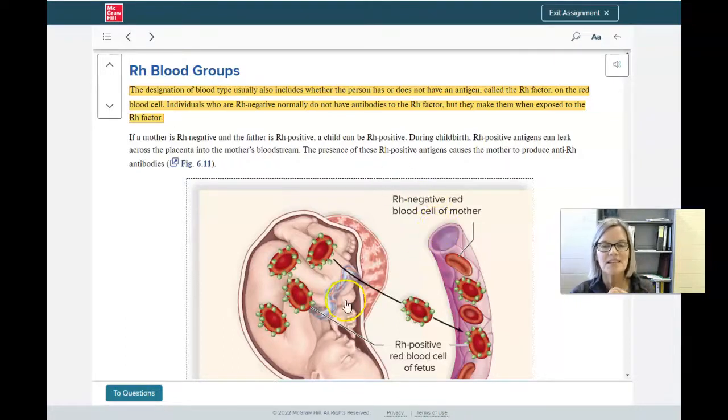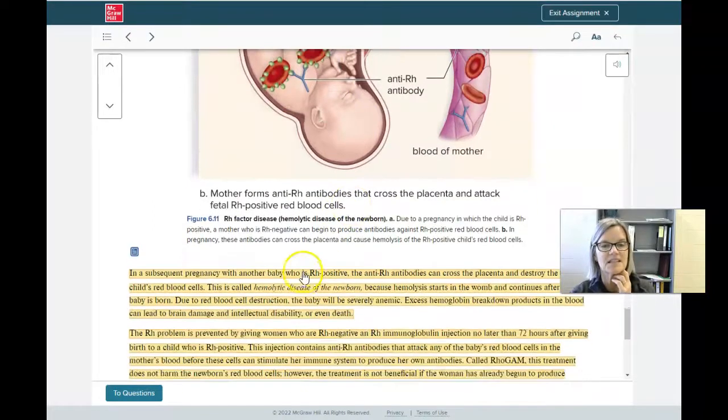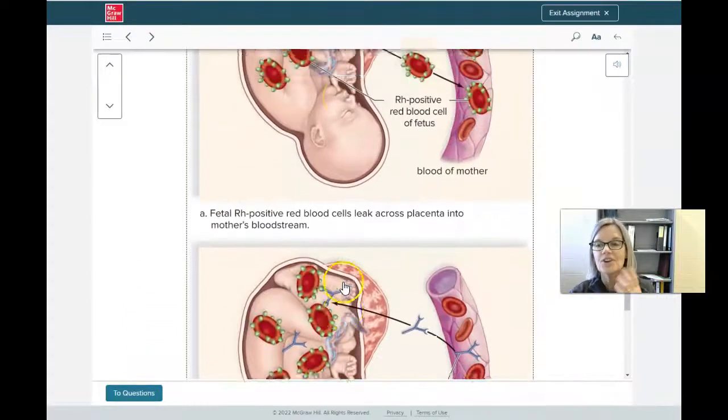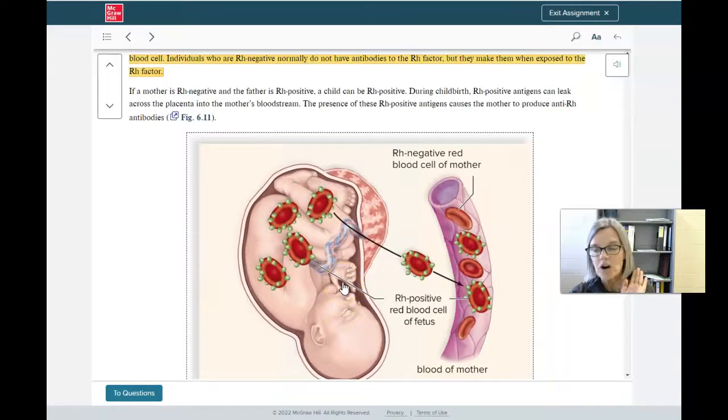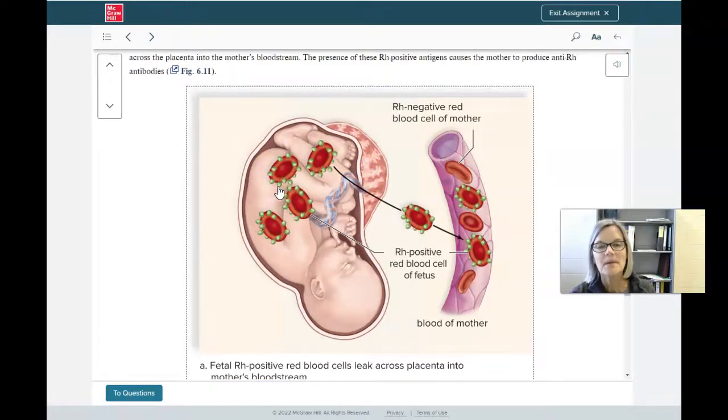So that brings into this thing that we call hemolytic disease of the newborn. Here it is, hemolytic disease of the newborn. So for those of you that have babies, and if you are RH negative, you probably know about this. Because what can happen is if you are an RH negative mom and you are pregnant with an RH positive baby, that baby's blood can cause your blood to make antibodies against the RH proteins.